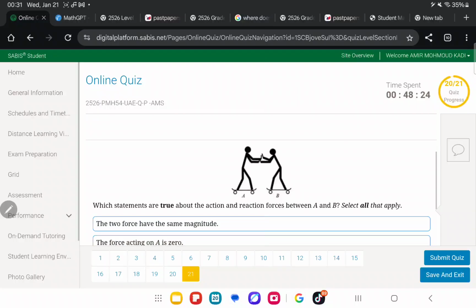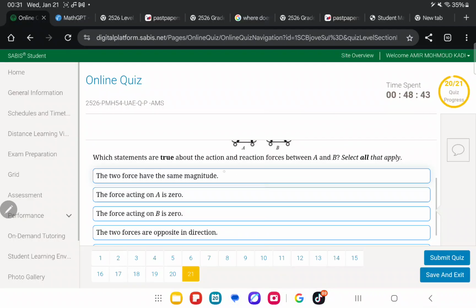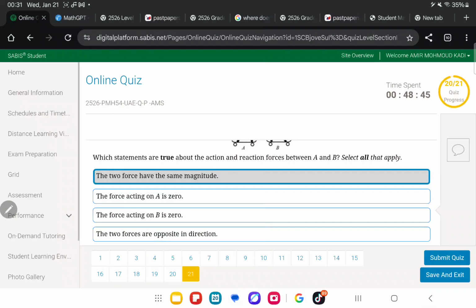Look, they push each other away. What happens when someone pushes away? There's F, A on B, going this direction. Therefore, there is over here F, B on A, equal in magnitude. These are equal in magnitude, so that means the two forces have the same magnitude.